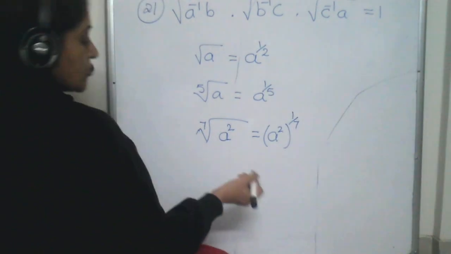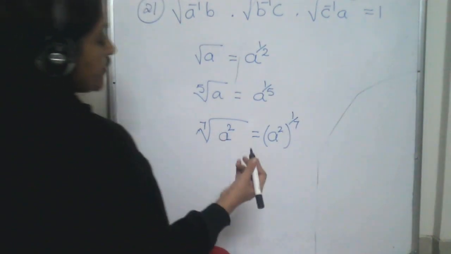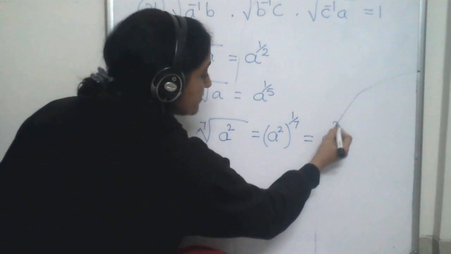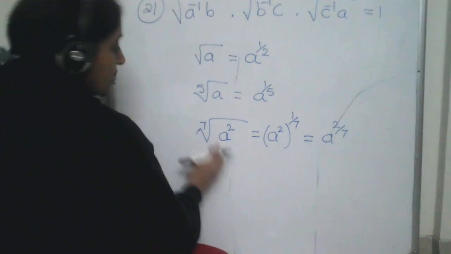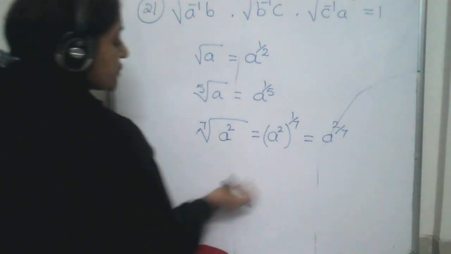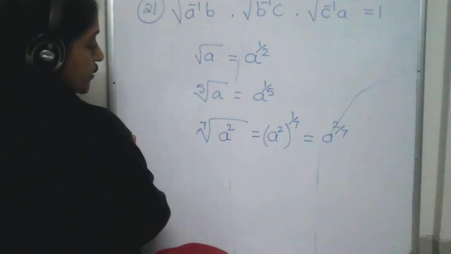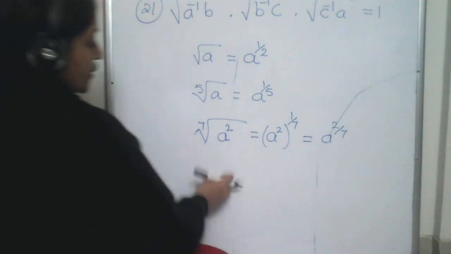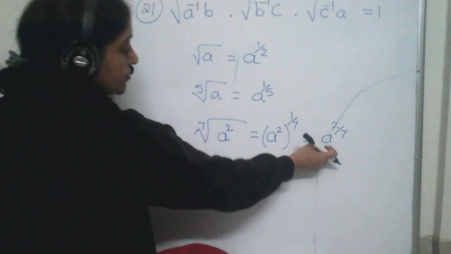Now what does the rule say? a to the power m raised to the power n says a to the power m into n. So 2 into 1 by 7 will be 2 by 7. This can also be directly written like this. I made it in 2 steps to explain it to you, because you are facing it for the first time. Okay, you can directly write it like this.